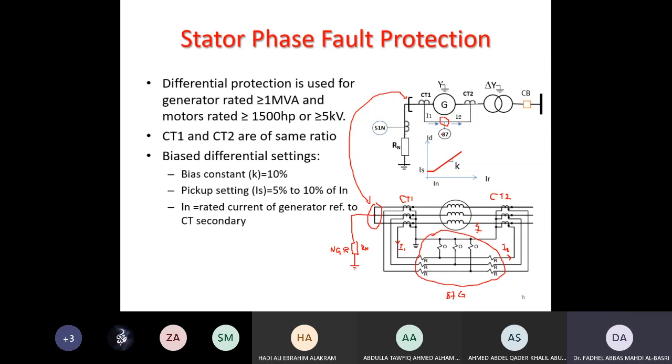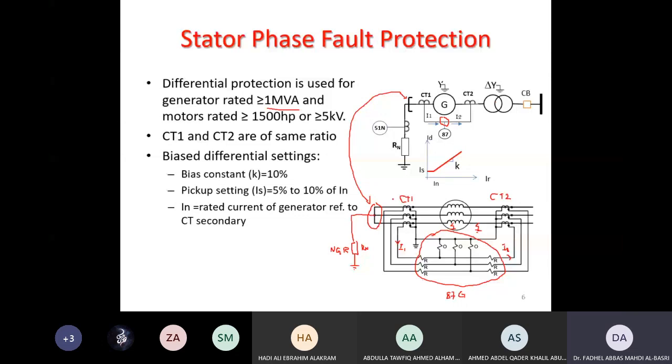I want to see how this differential relay works compared to overcurrent, especially when the fault is very close to the star point, and see the sensitivities of these two types of protection. Normally, we use a differential relay for generators of more than 1 MVA or big motors of 1,500 HP, to justify the cost of having a differential relay.